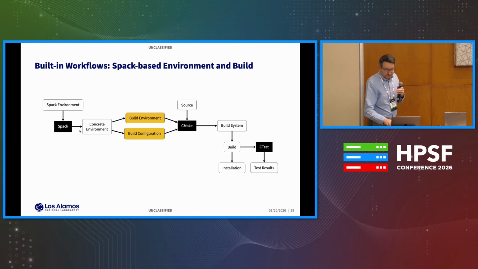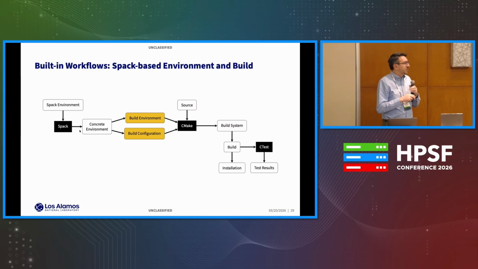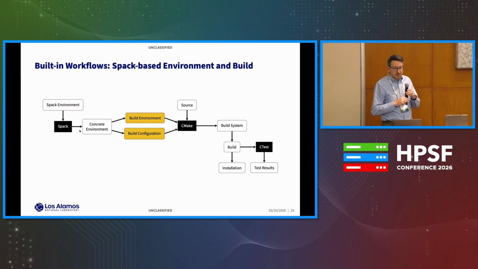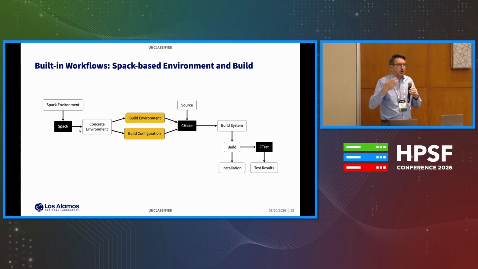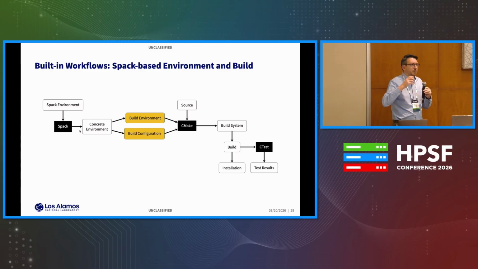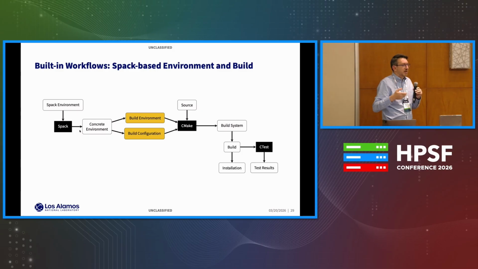All right, last year I talked about this Spack-based developer workflow. This is the summary graphically. You have a Spack environment for your code, and that encodes the logic of how to build your project using CMake. We use a Spack environment to encode both our build dependencies and our build configuration, and then we create a CMake build folder, on top of which we run a regular CMake-based workflow.